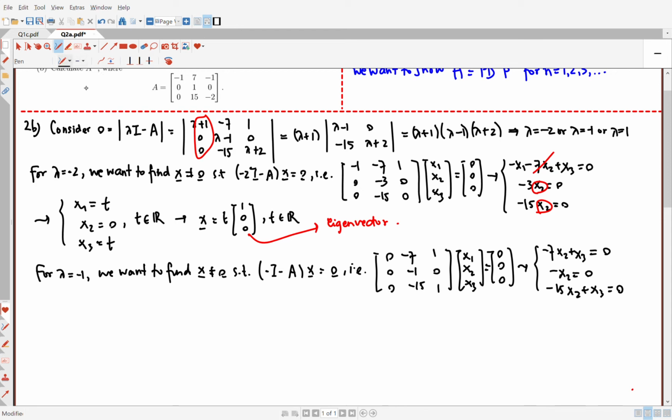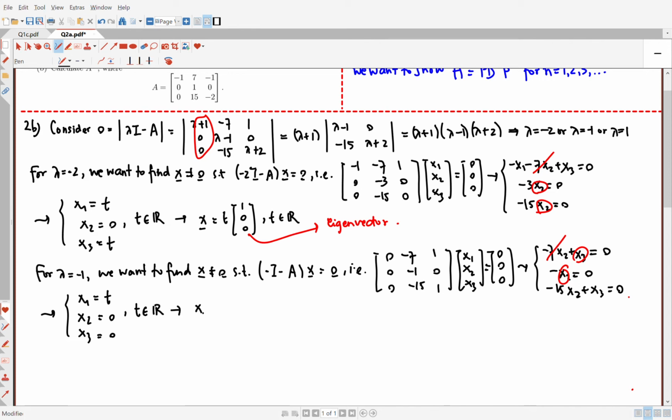We see here that x2 must be 0. And if x2 is equal to 0, this will disappear, and x3 must be 0. If x2 and x3 are both 0, this is satisfied, right? 0 is equal to 0. And we don't care what x1 is, so we can make x1 a free parameter, but both x2 and x3 must be 0.